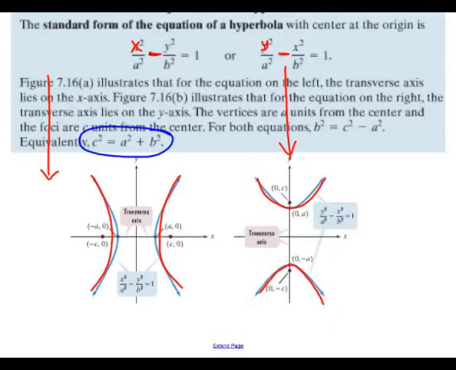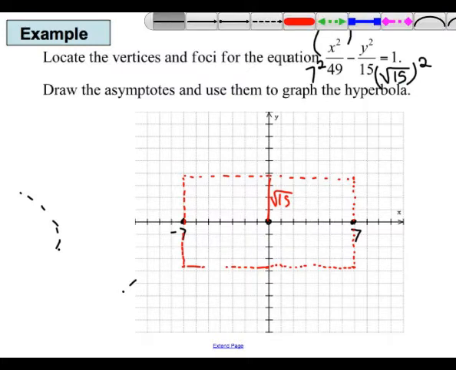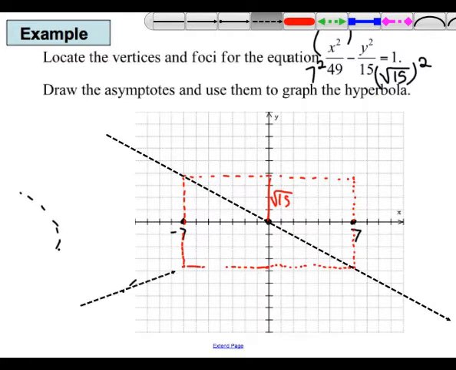Hopefully you noticed in the previous picture that there was some definite boundaries and that this left one opened a little bit wider and this one is much more narrow. The way we're going to figure out how wide it opens is through an asymptote that we see right here. It's going to be a line that we can draw from one vertex to the next. That is going to be my asymptotes, and we have another set of asymptotes here.